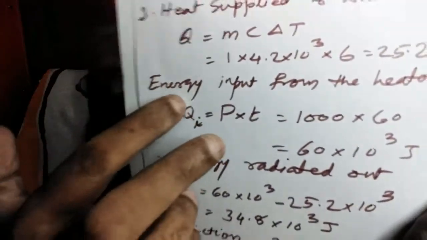Now, energy released by the heater, its power is 1000 watts. Power is energy by time or work by time. So energy or work equals power into time.